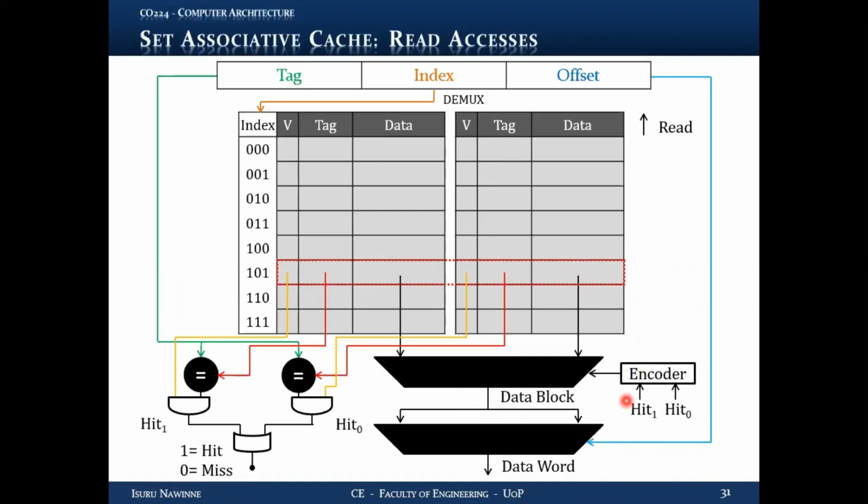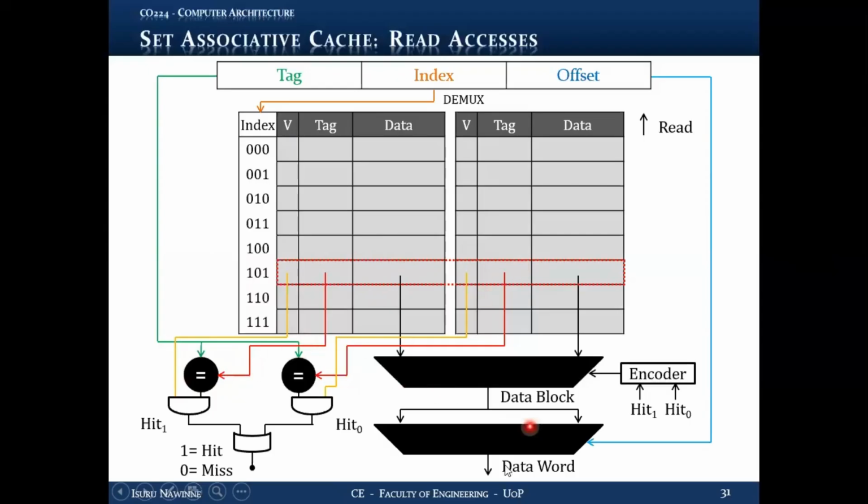So the fully associative is very similar to this, only you didn't have the index field, right? We ditched the index field entirely. So there'll be multiple tag comparisons, multiple ways here.